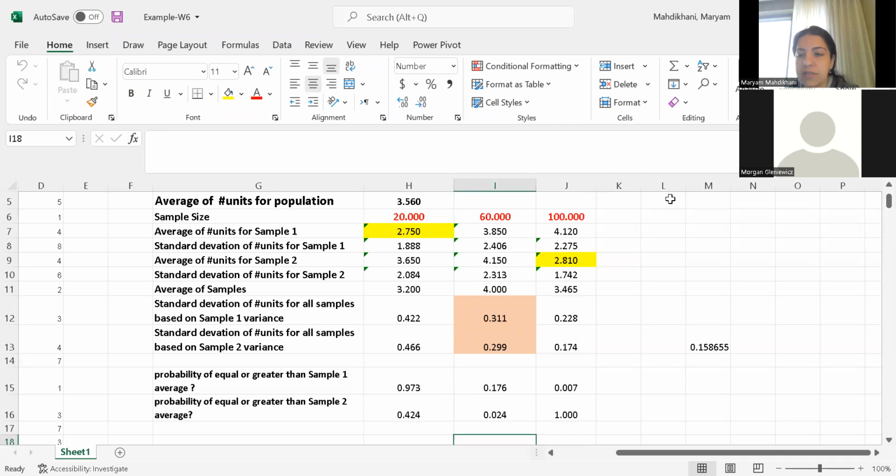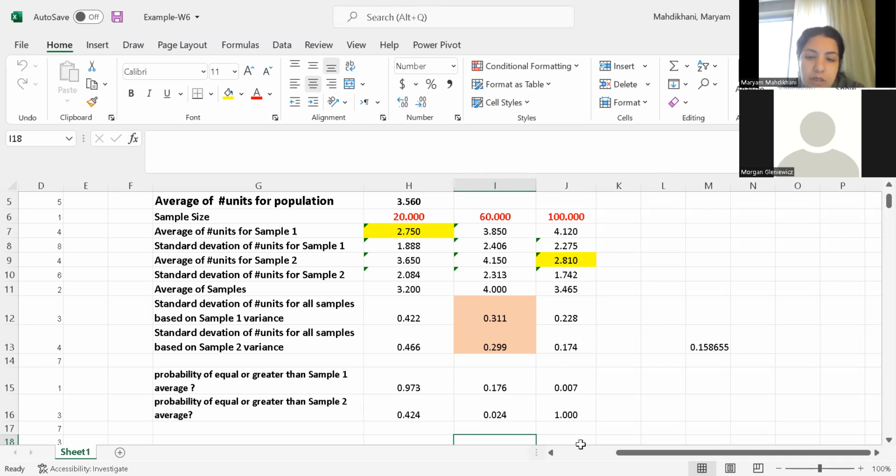So how do we calculate the standard deviation of all the samples? By the formula: the standard deviation of that specific sample that we chose, divided by the square root of the number of observations that we have, the sample size, right?